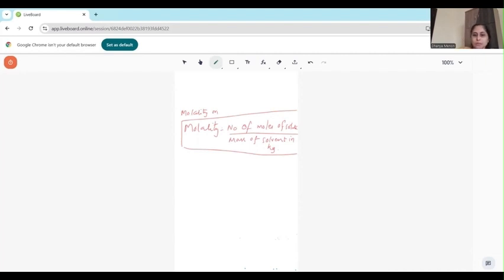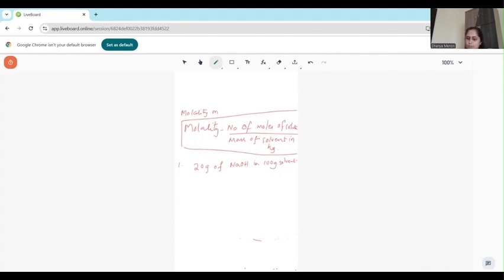The first question: find the molality of 20 grams of NaOH dissolved in 100 grams of the solvent. I'll write down the information: 20 grams of NaOH in 100 grams of the solvent.